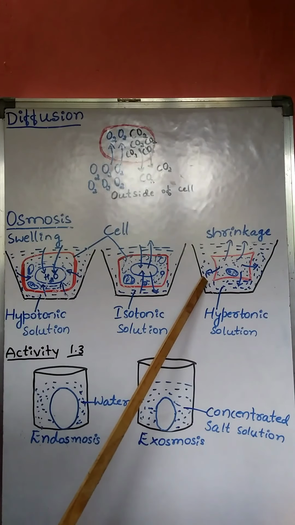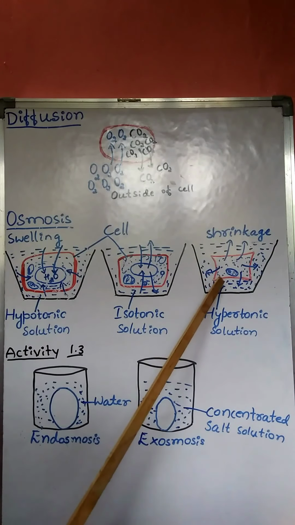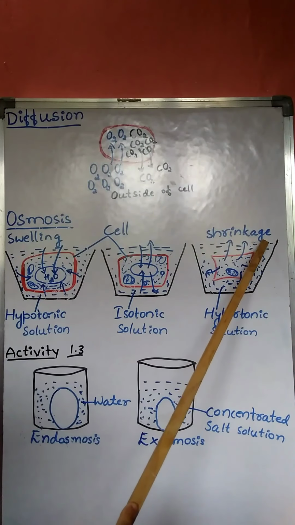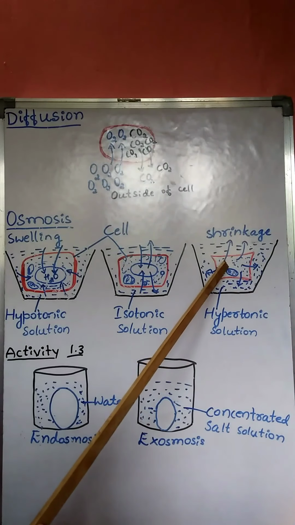So the net movement of water takes place to outside of the cell. Due to this, we can observe the shrinkage of the cell. This phenomenon is called exosmosis, means movement of water molecules from inside of the cell to outside.